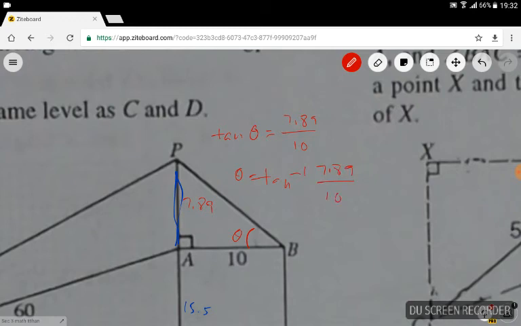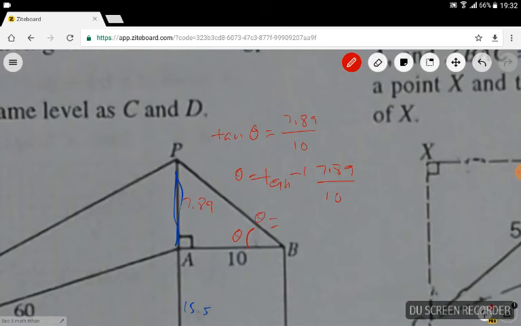Now why is it tangent inverse? Because if I were to shift it to the other side, I want to find theta, instead of divided by tangent, it's actually tangent inverse.